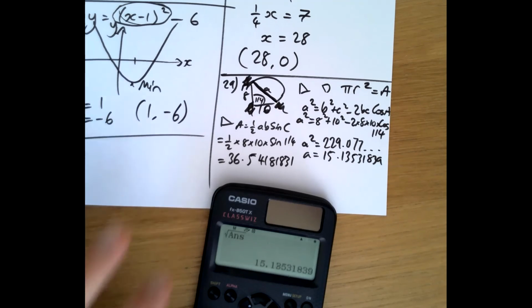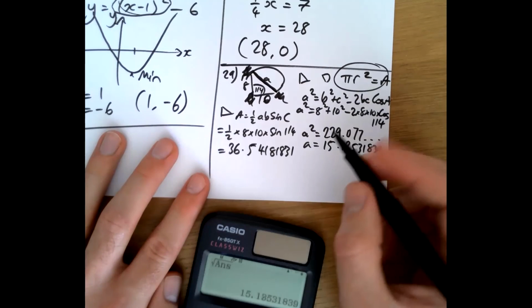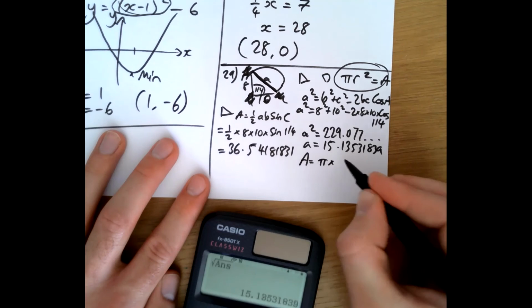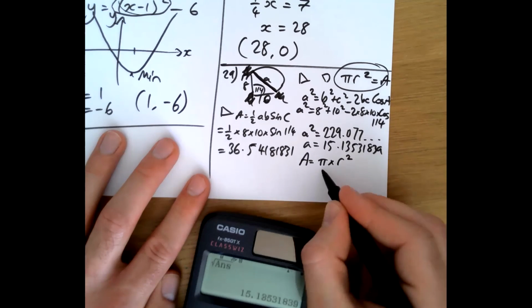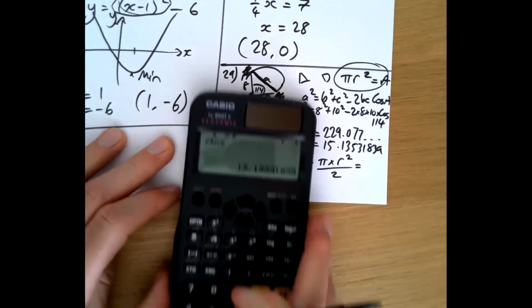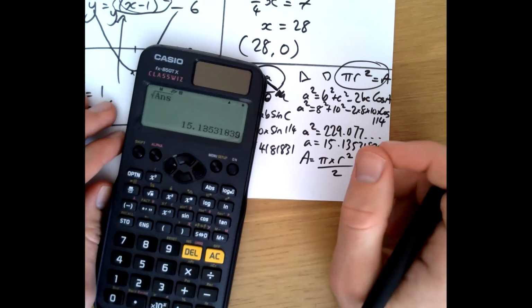So that's the diameter, but to work out the area of a circle I just want the radius. So I'm going to do area is pi times the radius squared, and I'm going to divide it by 2 because it's a semicircle. Now I've done loads of this, so it's probably a bad thing to just show you what I would do.